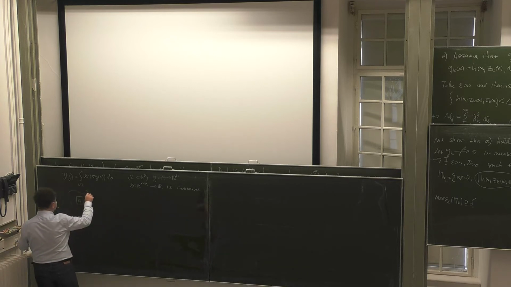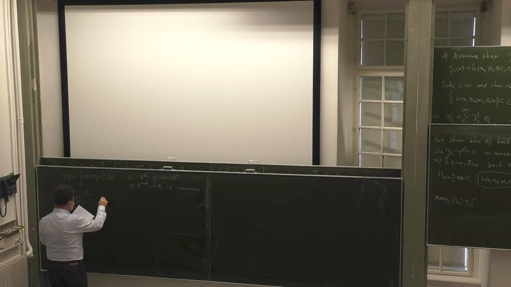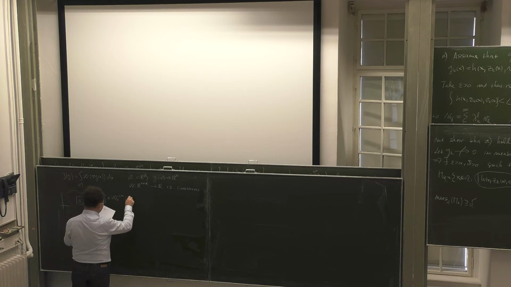So this is omega, this is Q, and the axes are here. And I take y tilde, which will be in W^{1,infinity}, with zero boundary conditions on the cube, and the values are in R^n.